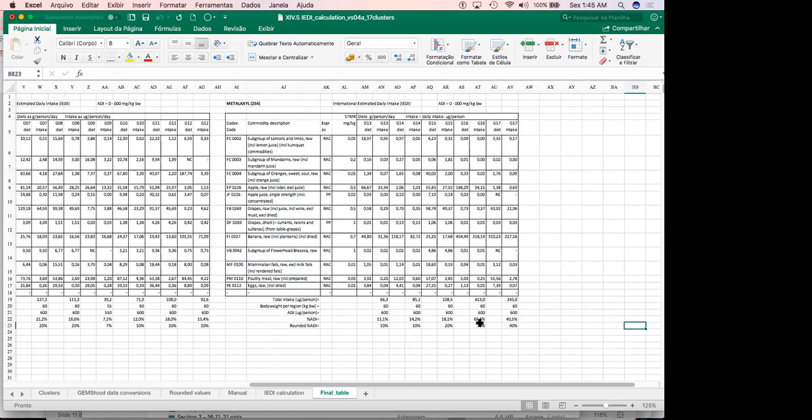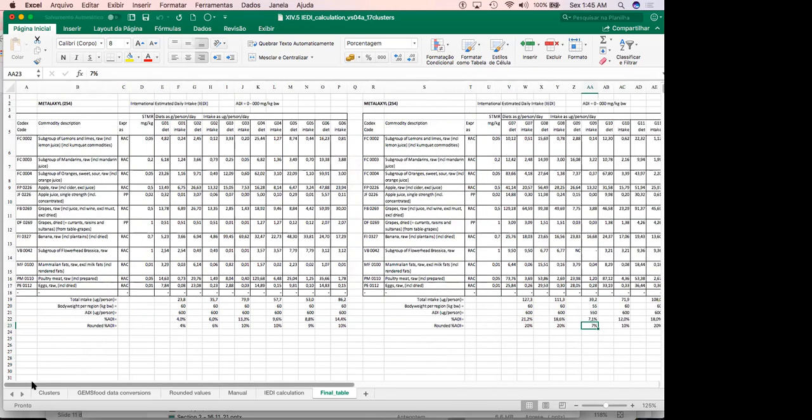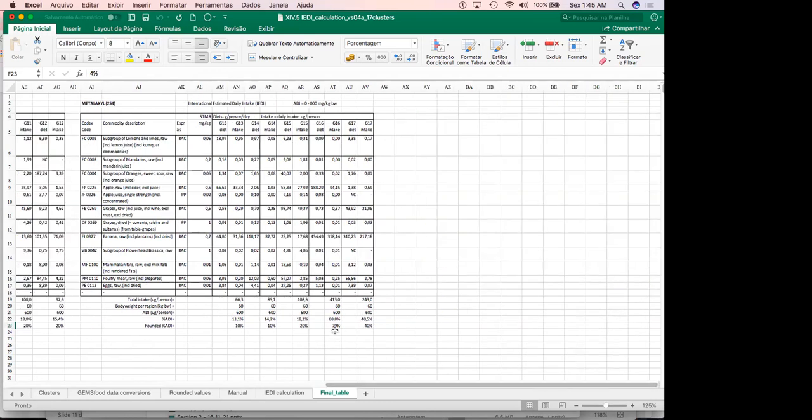Highest percent of the ADI was for cluster 16, 70% of the ADI. Our final statement was, we state the range of the ADI came from 4% in cluster 1 up to 70% of the ADI.